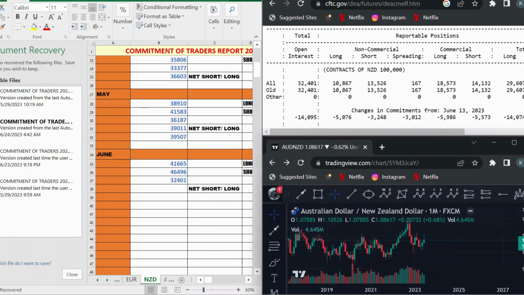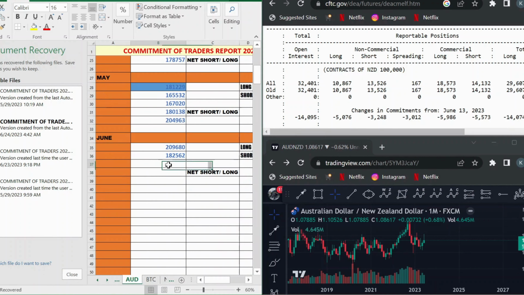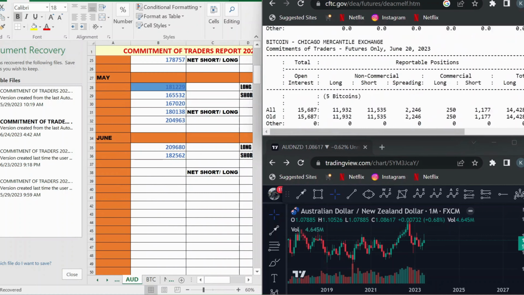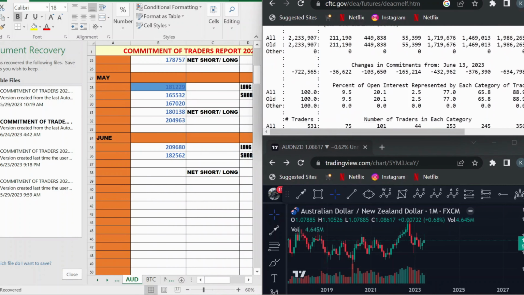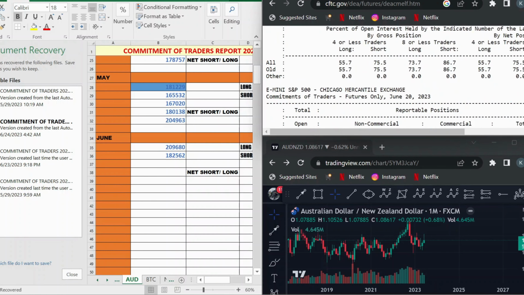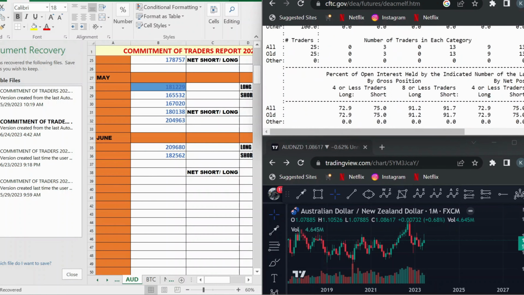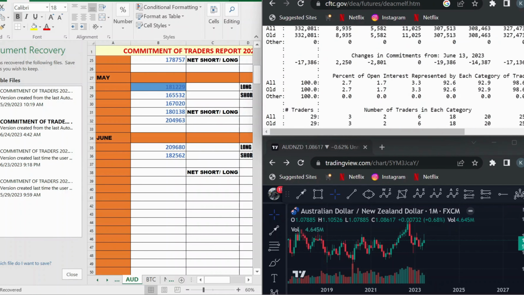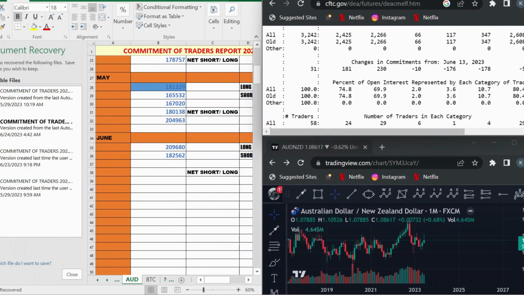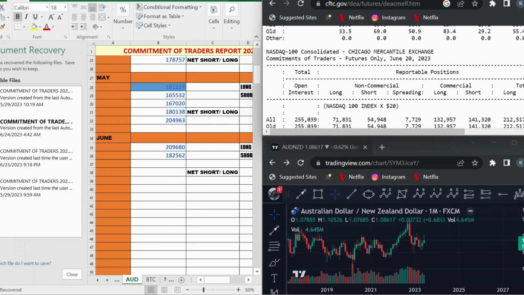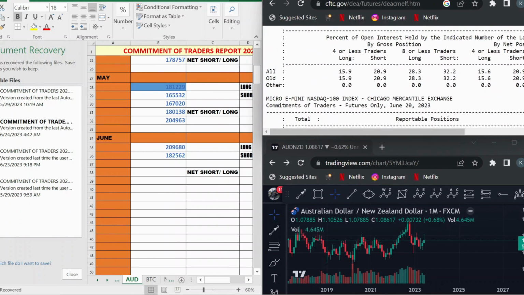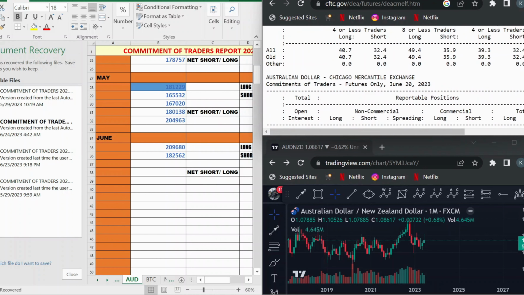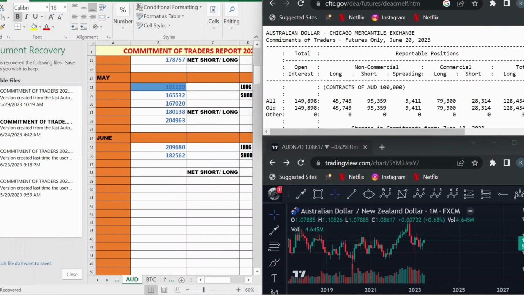So the Australian dollar, it's at the bottom. The last currency. Yeah, so down here we have the AUD. So the open interest for the AUD was 149,898.